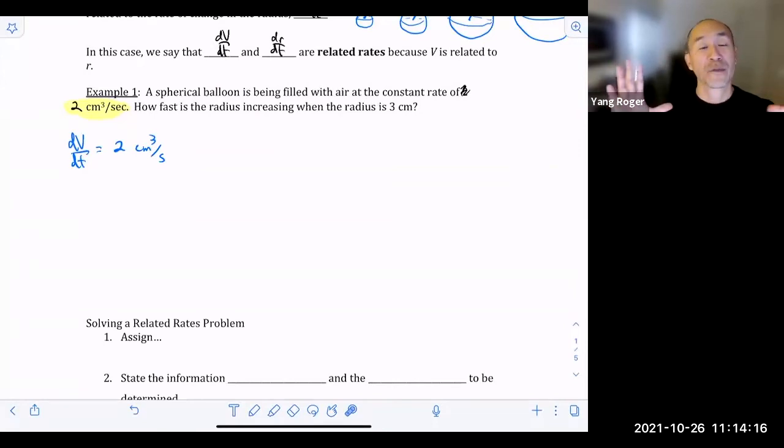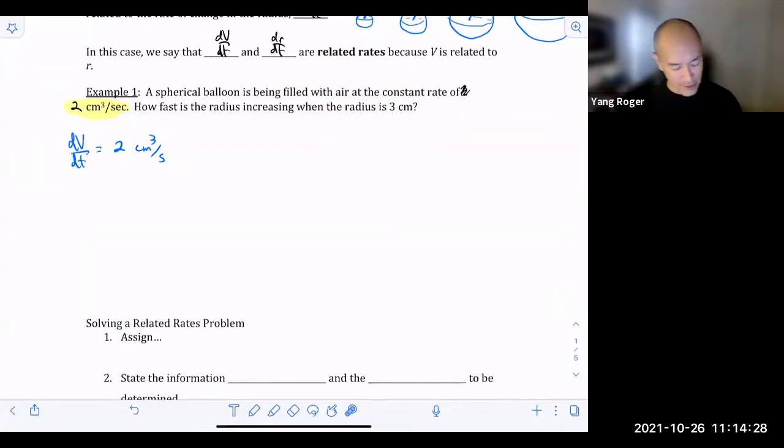Increasing volume means that the derivative is positive. If it was going to be negative, it would say air is leaking from a balloon. Does that make sense? So right away, we identify a very important piece of information here.